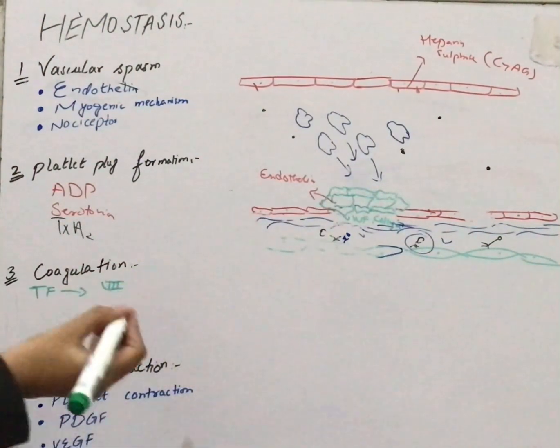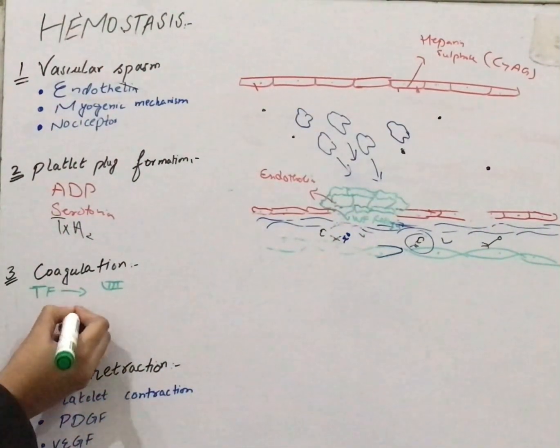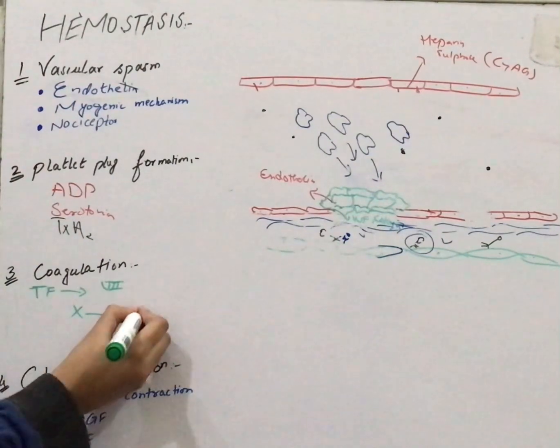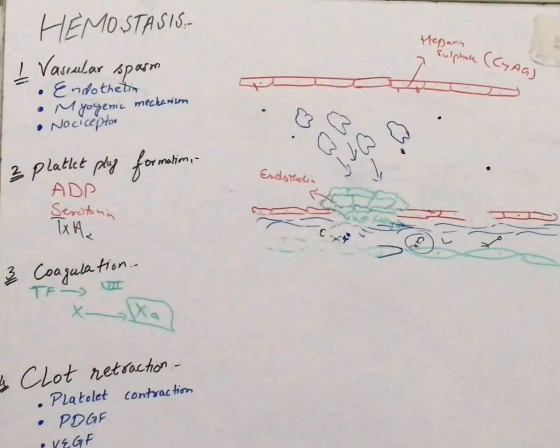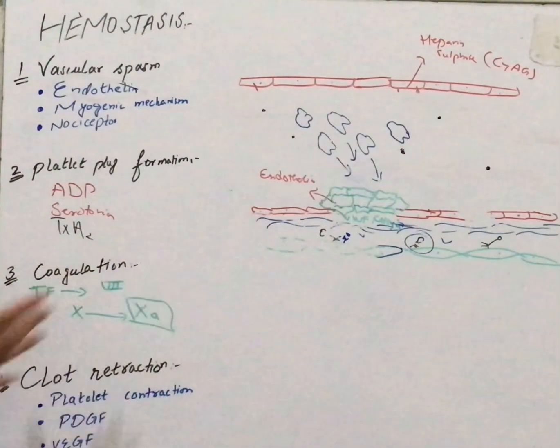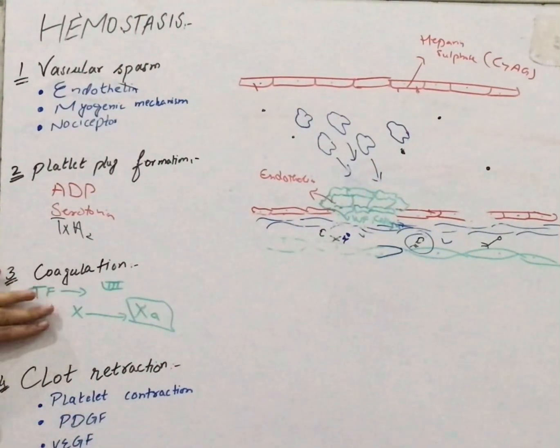And when there is factor 7 activation, there will be formation of 10A, the active factor 10A. Basically coagulation pathways are of two types, intrinsic and extrinsic, but here we are not going into the details of coagulation pathways.